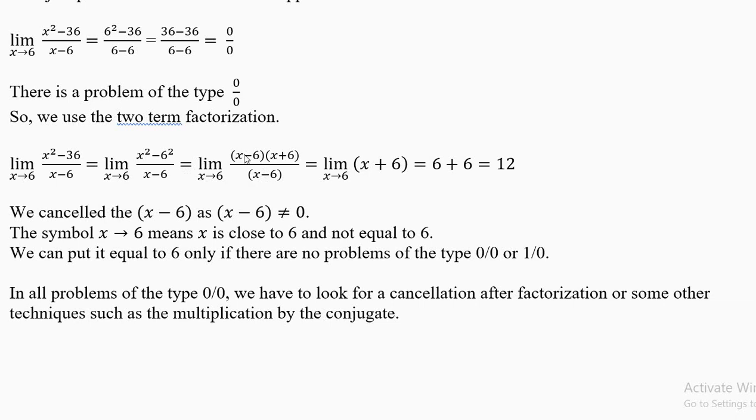Cancel x minus 6. x is close to 6, so this is not 0. You cancel it. You get limit x going to 6 of x plus 6. 6 plus 6 is 12. See, x minus 6 is not equal to 0. We are close to 0, but not equal to 0. So you can cancel it.